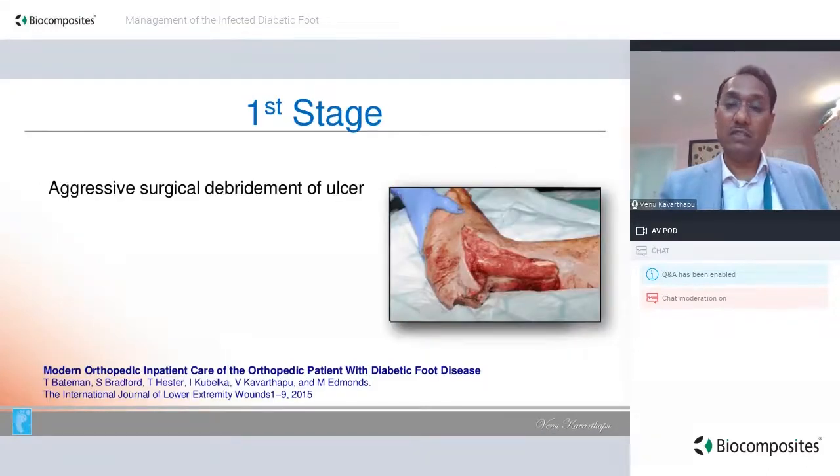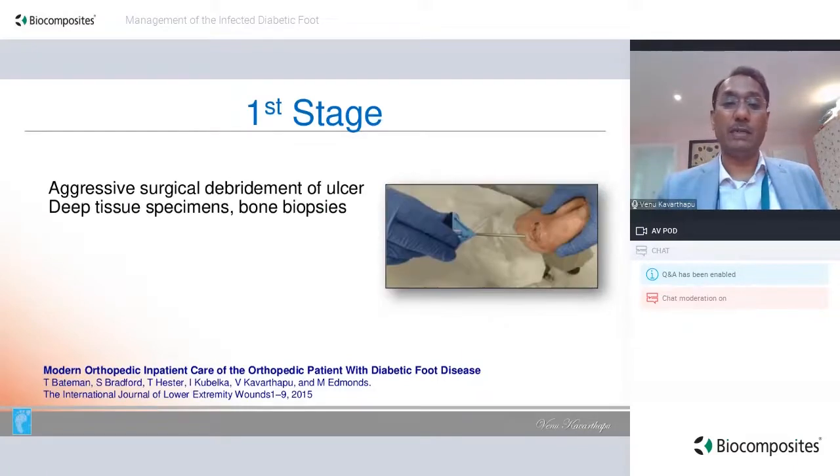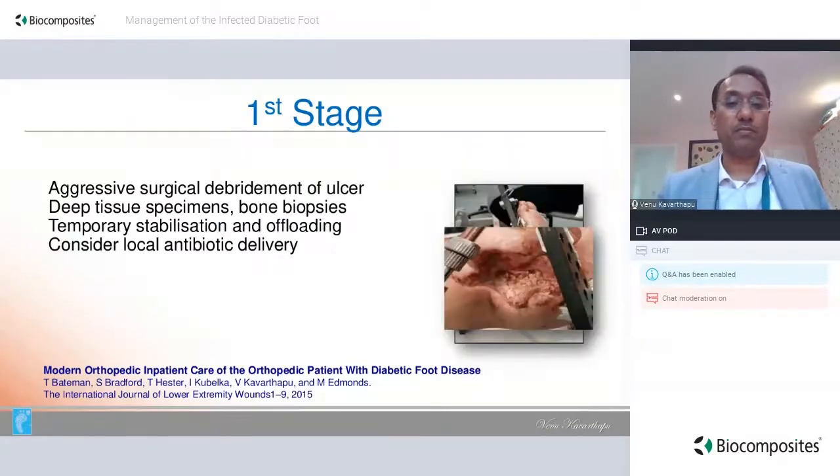The first stage of eradication of infection requires aggressive surgical debridement of that infection, whether it is an ulcer or a simple deep infection. But it's really critical that you obtain the microbiological diagnosis by obtaining deep tissue specimens during the procedure, doing bone biopsies during the procedure, using very regimental principles so that there's no contamination. It's really critical that you achieve that microbiological diagnosis.